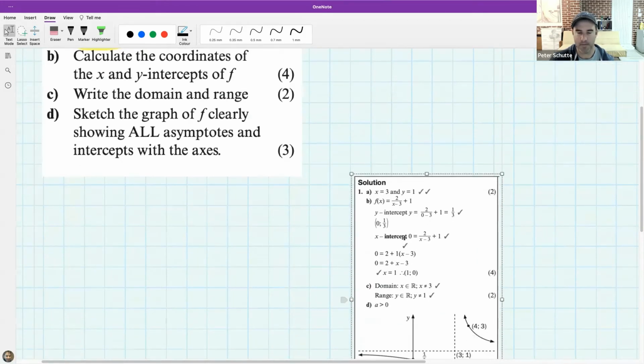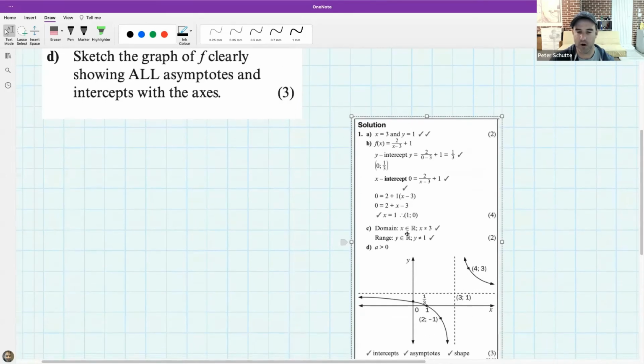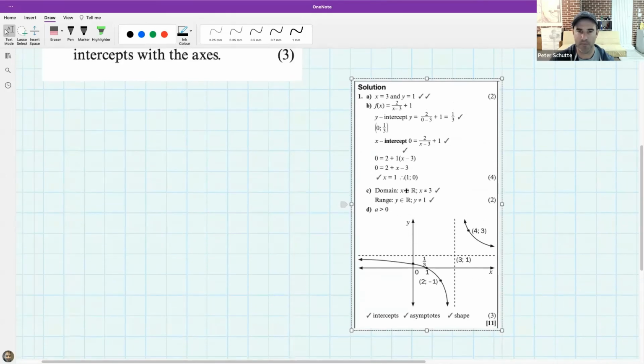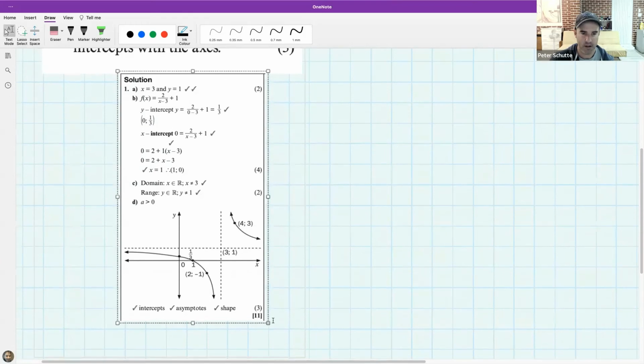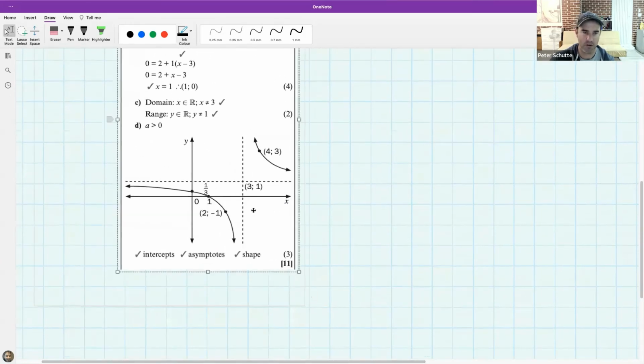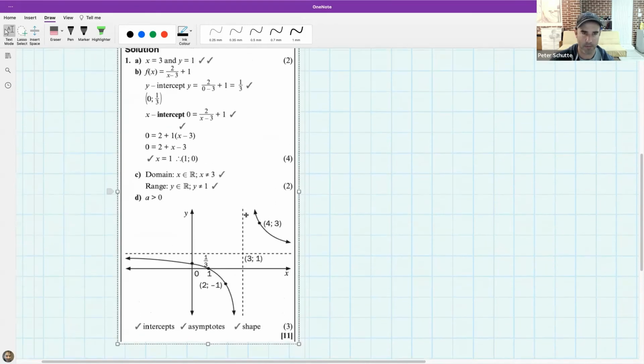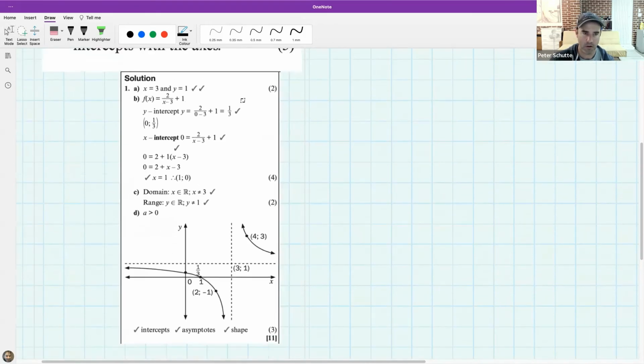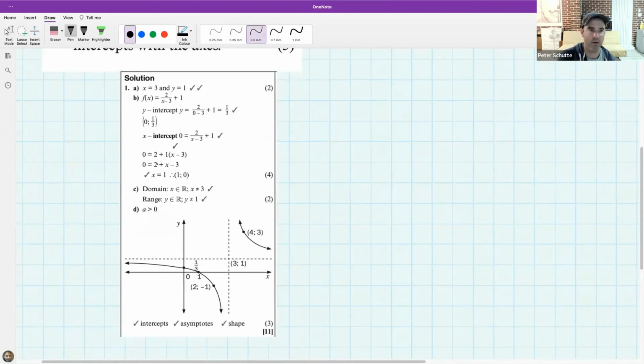Okay. So let's have a look at the answer. I know some of you will be feeling a little bit pushed for time. Apologies for that. But I really want to talk you through all of this nice and clearly. Okay, so let's have a look at the answers here. We all got x is 3 and y is equal to 1.